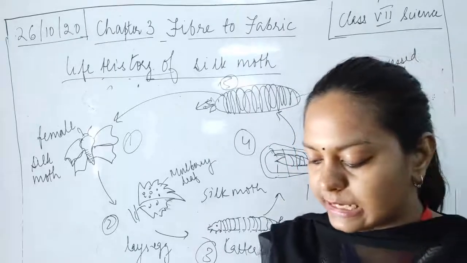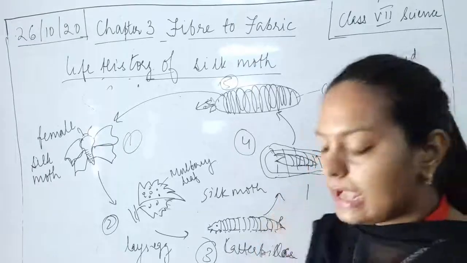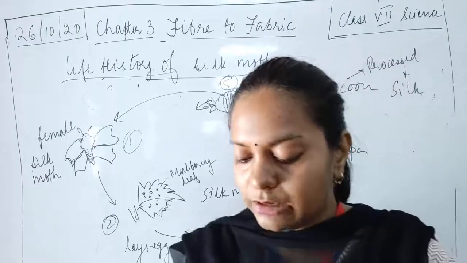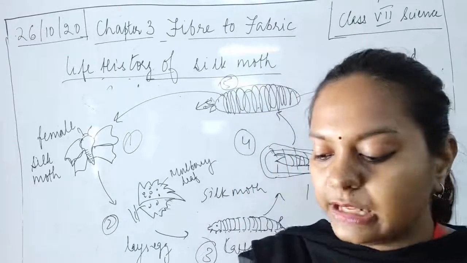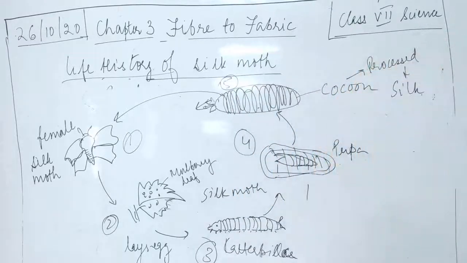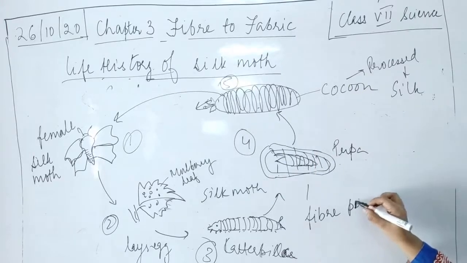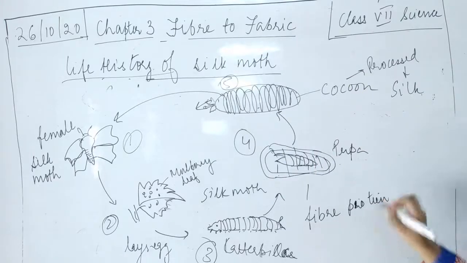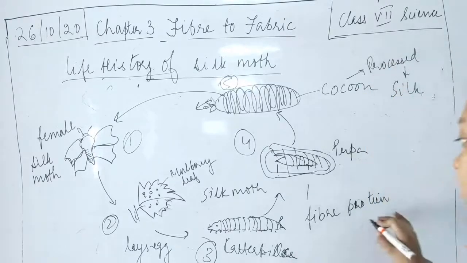It swings its head from side to side, and during this movement the caterpillar secretes a fiber made of protein, which hardens when exposed to air.